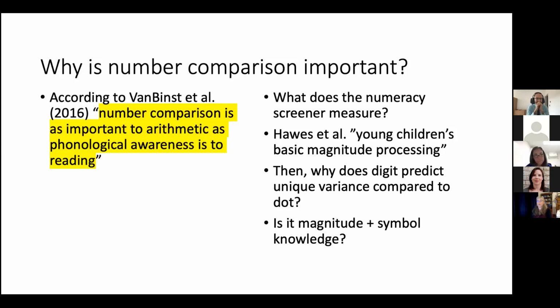And so then I thought, well, why does digit comparison predict unique variance compared to dot comparison? What do we actually think about that? Why is that important? I think it's probably something about both kinds of comparisons tapping into children's magnitude knowledge, and the digit comparison in addition taps into their symbol processing knowledge.